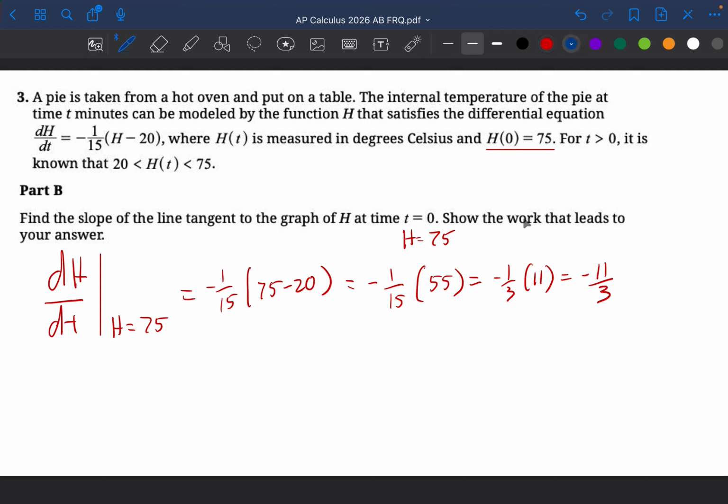So using the point h of 0 equals 75, in point slope form, this is going to be y minus 75 equals -11/3 times x minus 0.